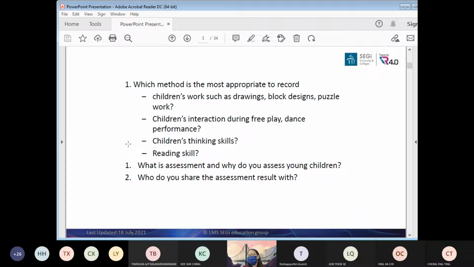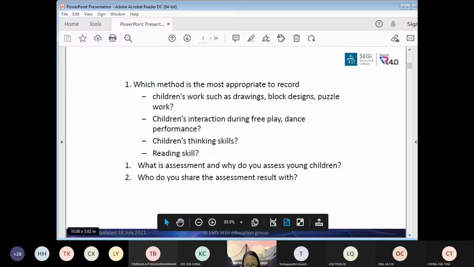So the question will ask you, which method do you think is the best for this child? Which method of observation? So you have to think, and then whichever method you choose, make sure you give your supporting answer. Whichever method you choose, you must give your reason why you say that method is suitable. Can everybody understand?